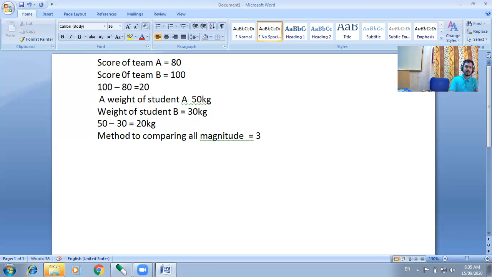First, comparing by difference. Second, comparing by division method. Third, comparing by average method.